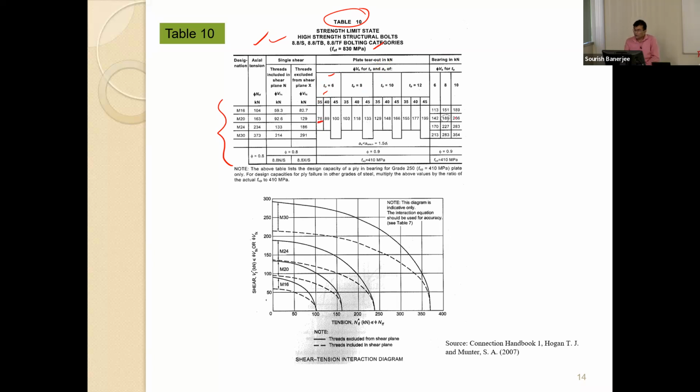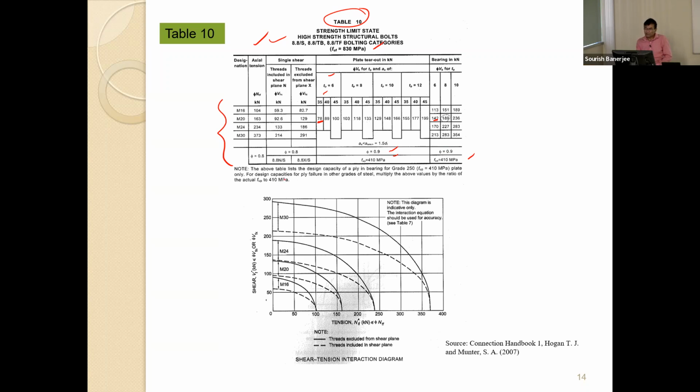On the other hand, bearing for the 6 millimeter plate is given by 142 kilonewton. Okay. So you can see that this is very important, and you can also see here 5 values are given, and the ultimate tensile strength of the plate is also provided here.